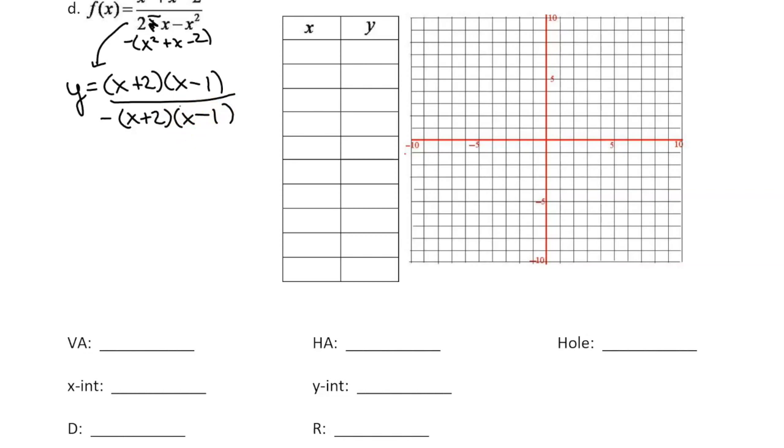So what would end up happening in that case is you would be able to reduce, you would have a double hole, and you'd be left with a graph that would just look like y equals -1, with a hole at x equals -2 and x equals 1. And then we'd be done that question already, and we could move on to the last example.